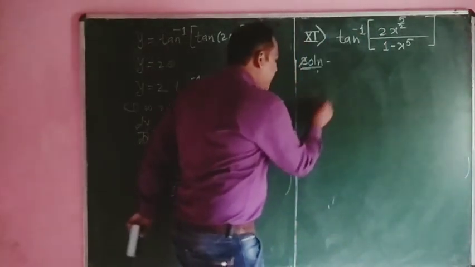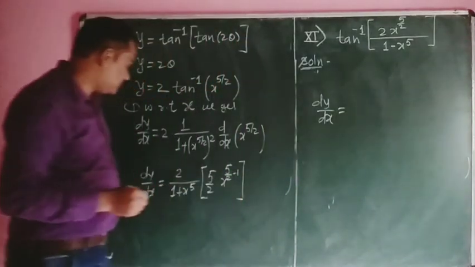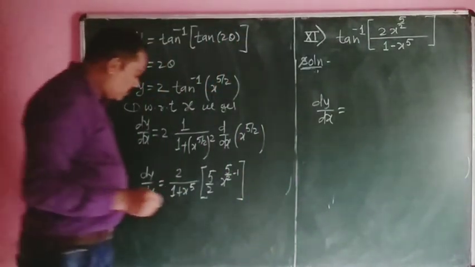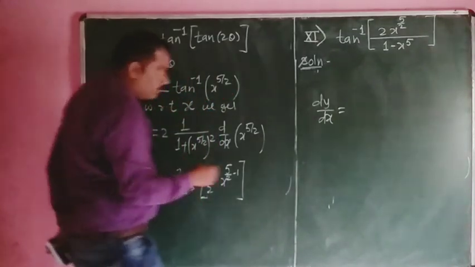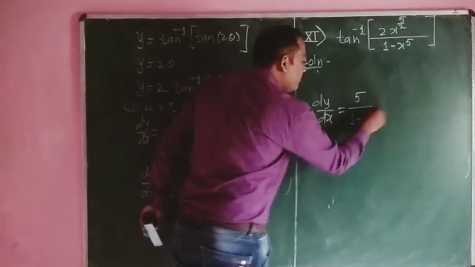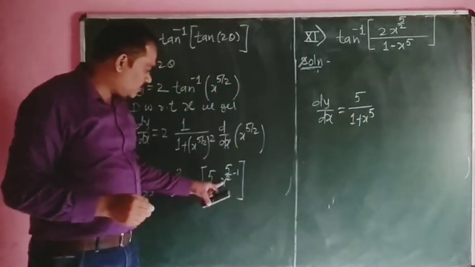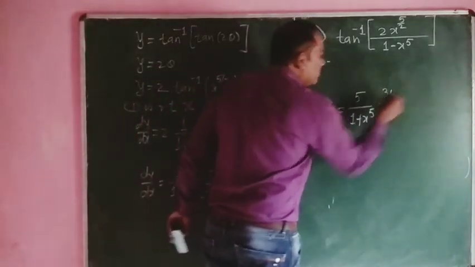That is dy by dx is equal to, what do we get? Here the 2 gets cancelled, so we get 5 divided by 1 plus x raised to 5 into x raised to 3 by 2.